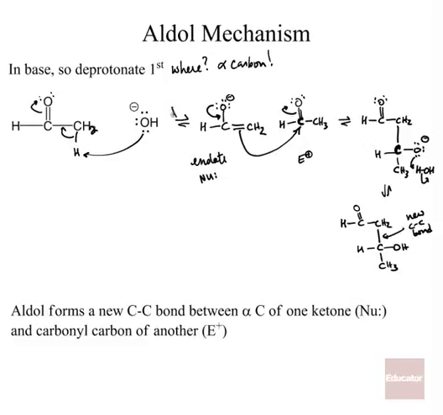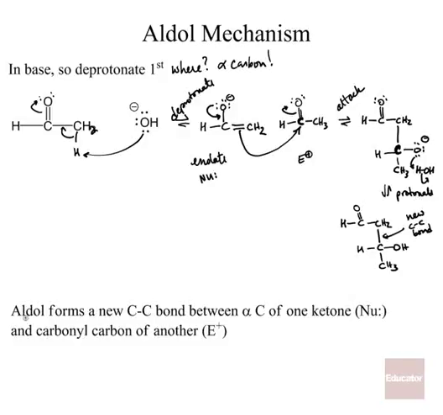First, we deprotonate, and then we had attack of the enolate onto the carbonyl, and then we protonate. Deprotonate, attack, protonate. We're going to see that pattern again and again for base catalyzed mechanisms.